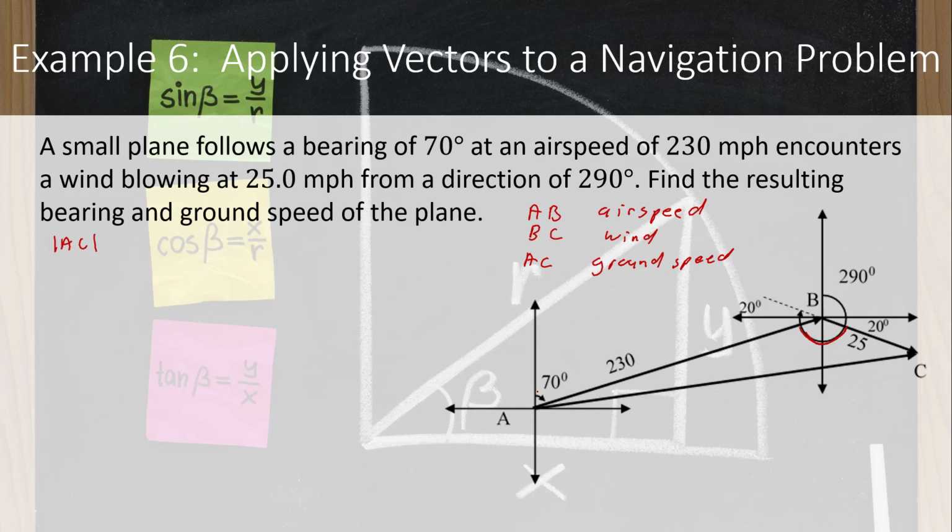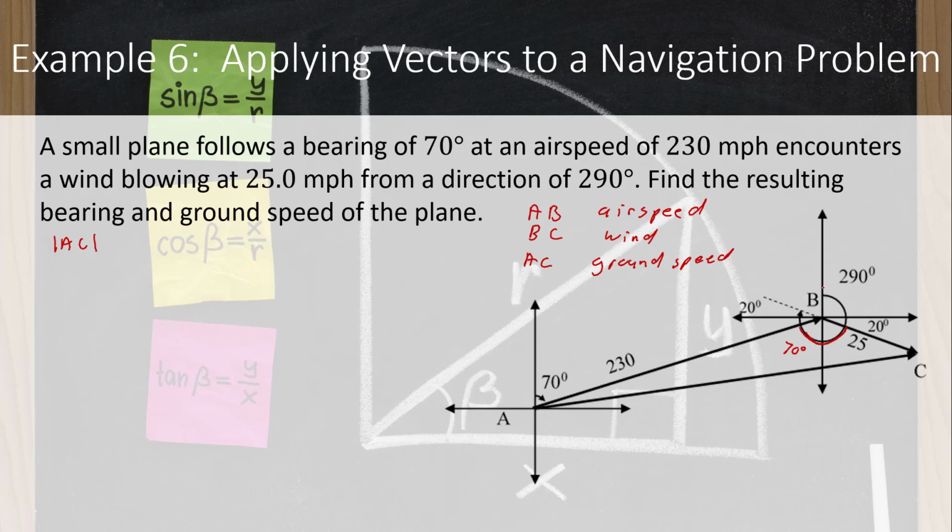Well, we know that this angle is 70 degrees. This line is parallel to this line, and as a consequence, we have basically an interior alternating angle. And if you remember way back when you took geometry, if this is 70 degrees, then this is the exact same angle. So from here to here is 70 degrees.